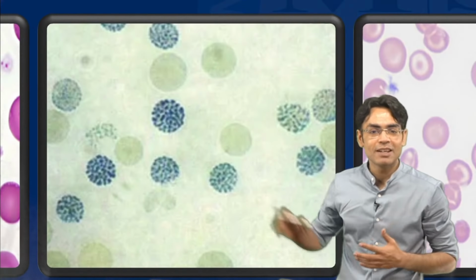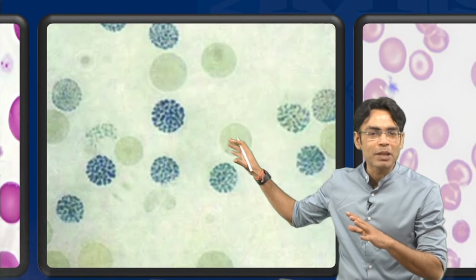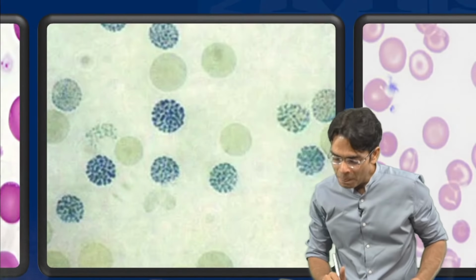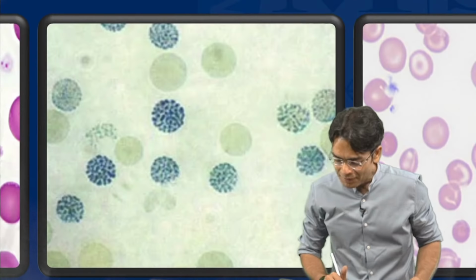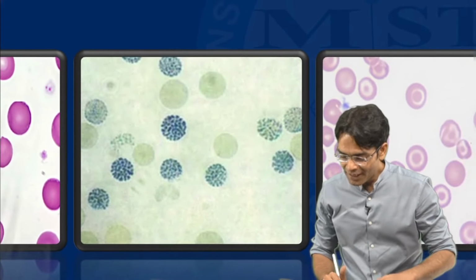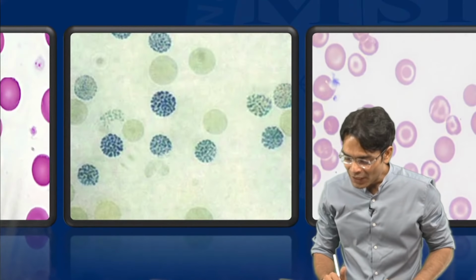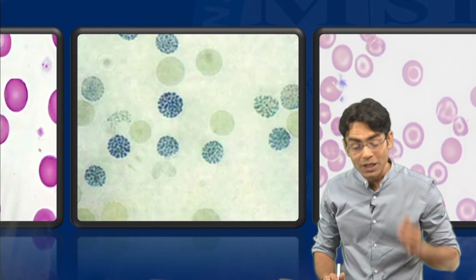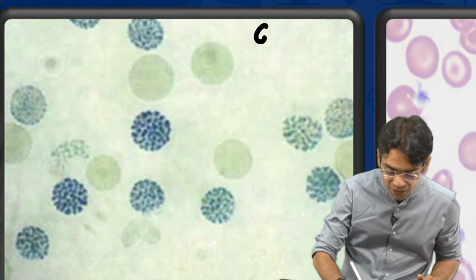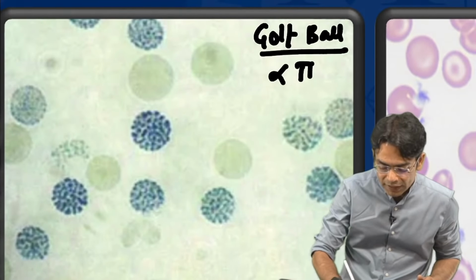These are a special type of cells with a particular appearance. Yes, Hema, you are right, and Happiness, you are right. Omkar, you are even giving me the disease in which you see this. Absolutely right. These are your golf ball inclusions, and they are seen with alpha thalassemia.